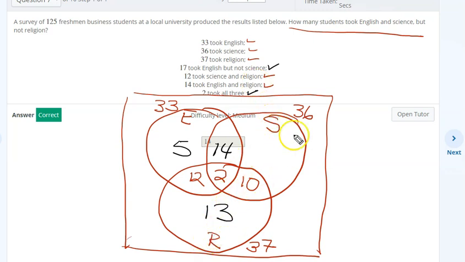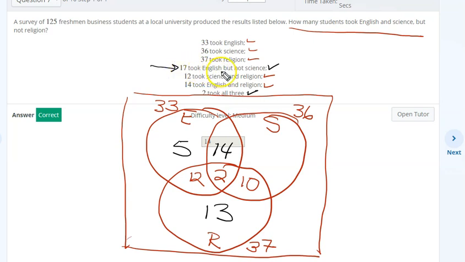Science and religion, 12. 2 goes there. That was the all 3. So 2 from 12 is 10. Now they didn't ask us for this, but I added these 3 together, subtracted it from 37, and I got 13. Now the one that's kind of challenging is this one.